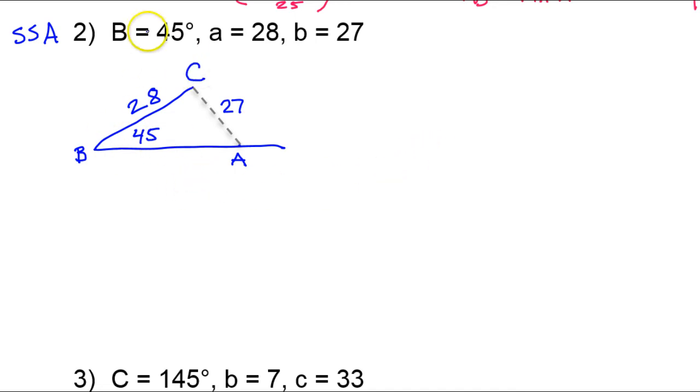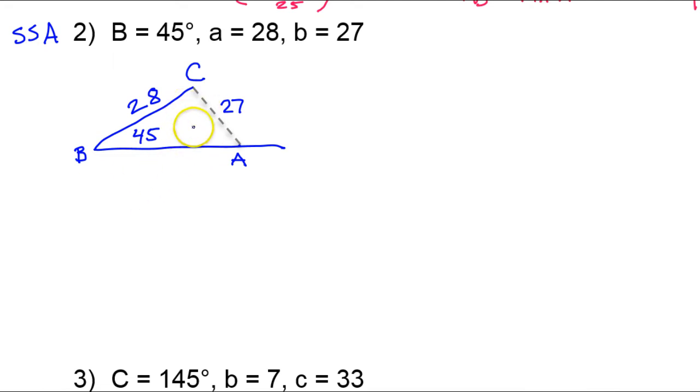So again, when you are given two sides and an angle, put your angle right here and let one of your sides be the temporary side and the other side be right here next to the angle. Leave the side on the bottom blank.